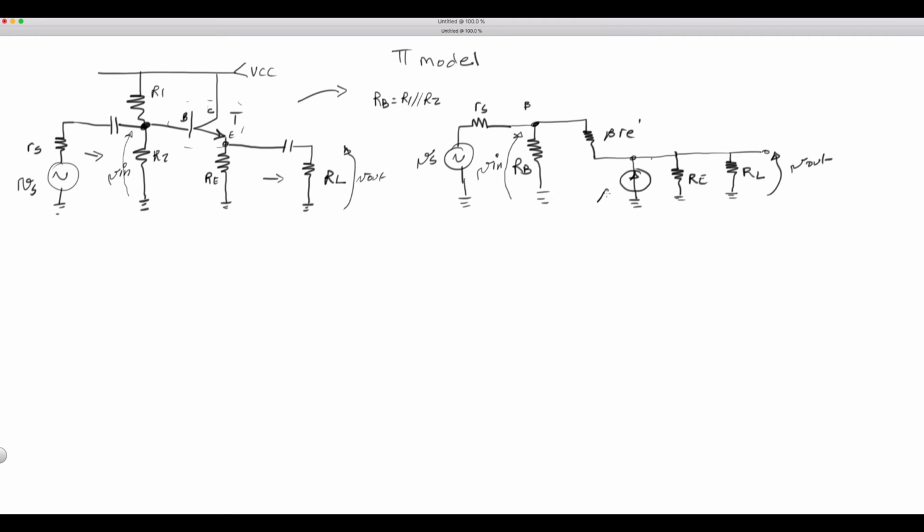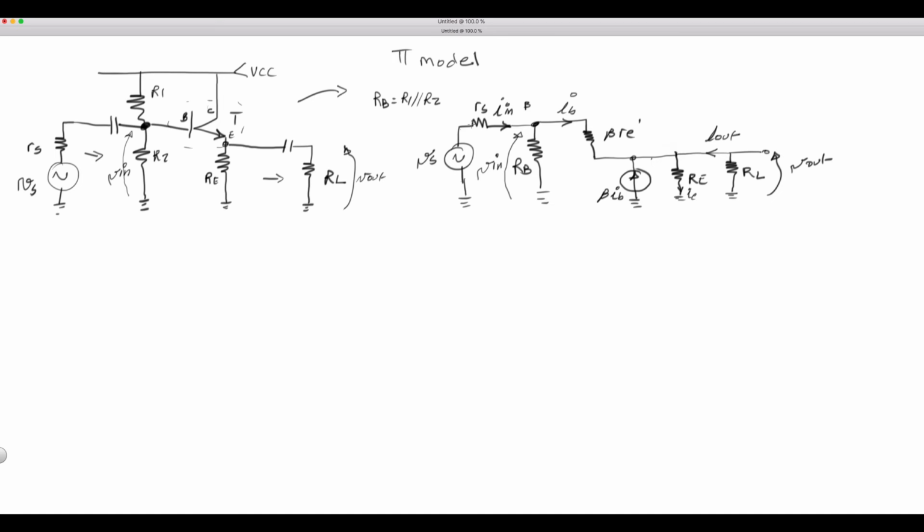And this here would be beta IB, which is really IC. This here will be your IB, okay? This here will be IE. And the current going through the load, let's call it I out. So what is I in? For the whole system, it will be right here.